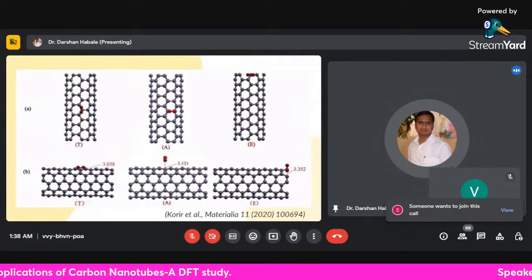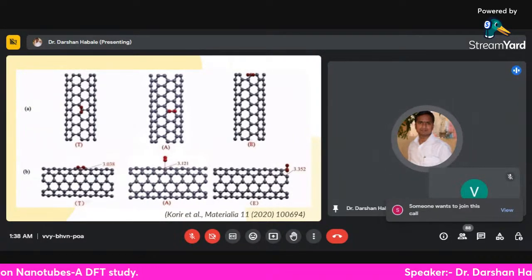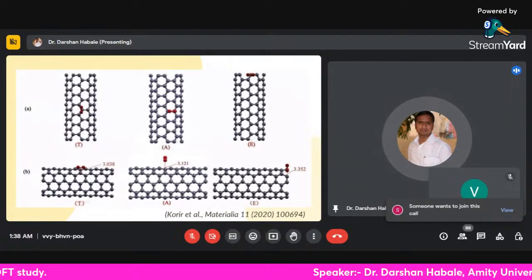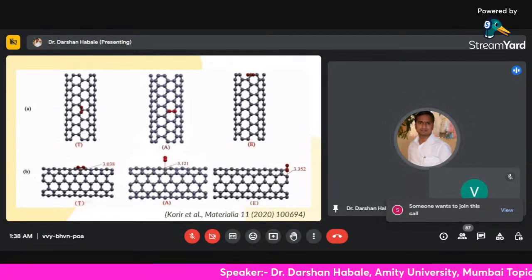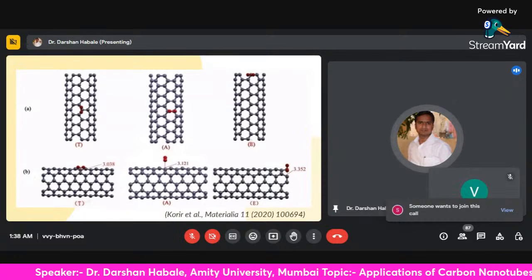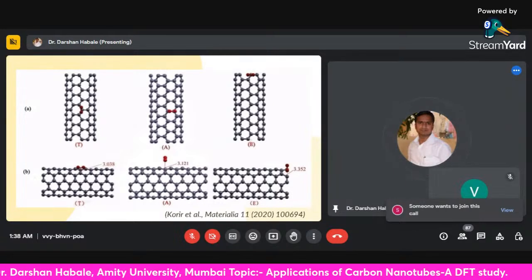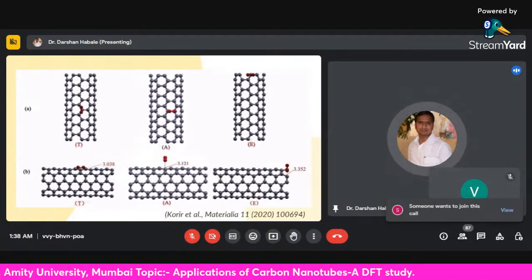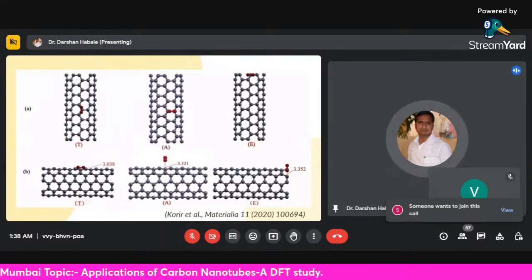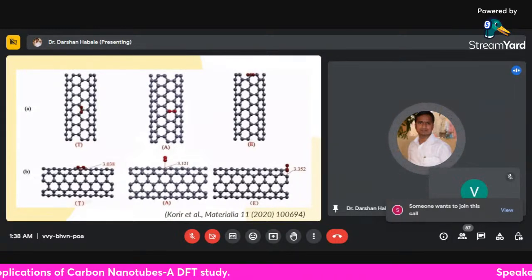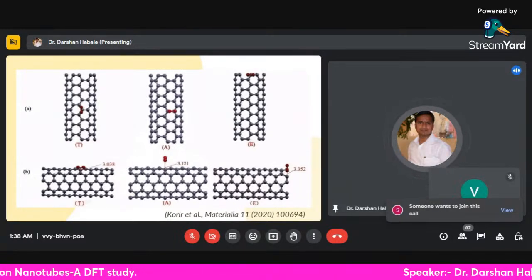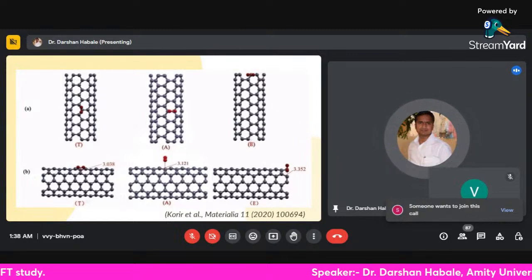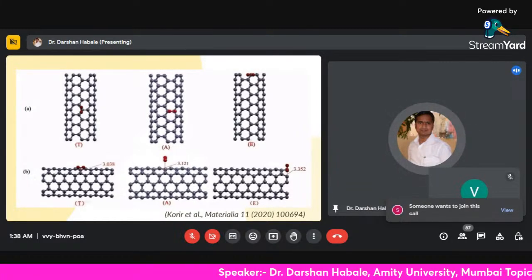This is the pure CNT, Courier et al. tried to adsorb SO2, CO2 at different positions, and they found a weak binding between this molecule and the atom, with a sufficiently high bond length between the SO2, CO2 molecule and the carbon atom.